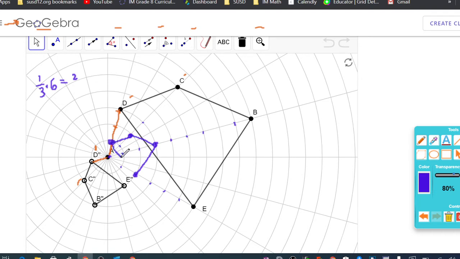Now, how can I get this shape to transform into the other shape? Well, I think I see a line of reflection, maybe? I think I could reflect over this line right here.